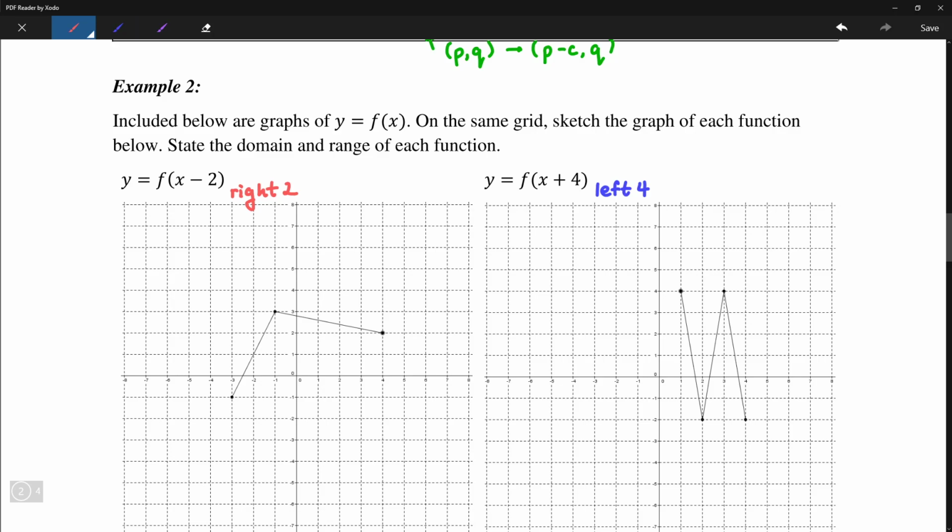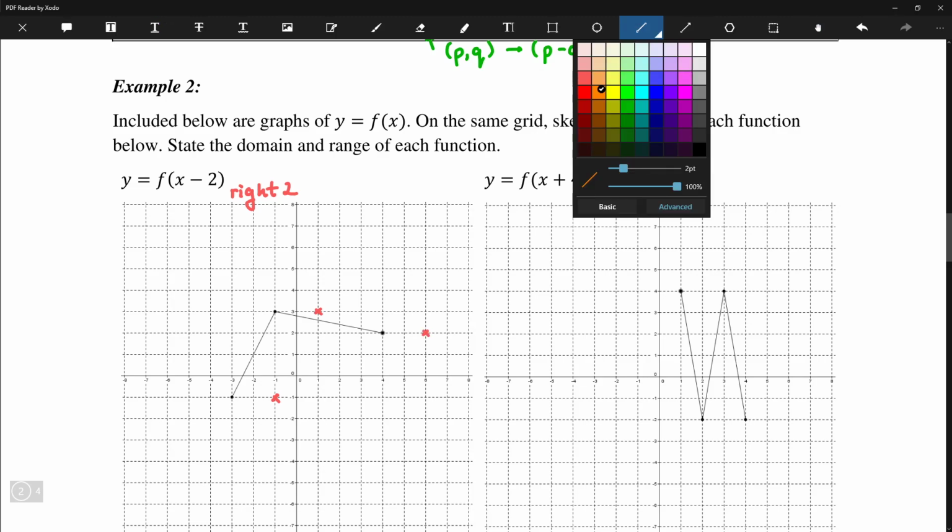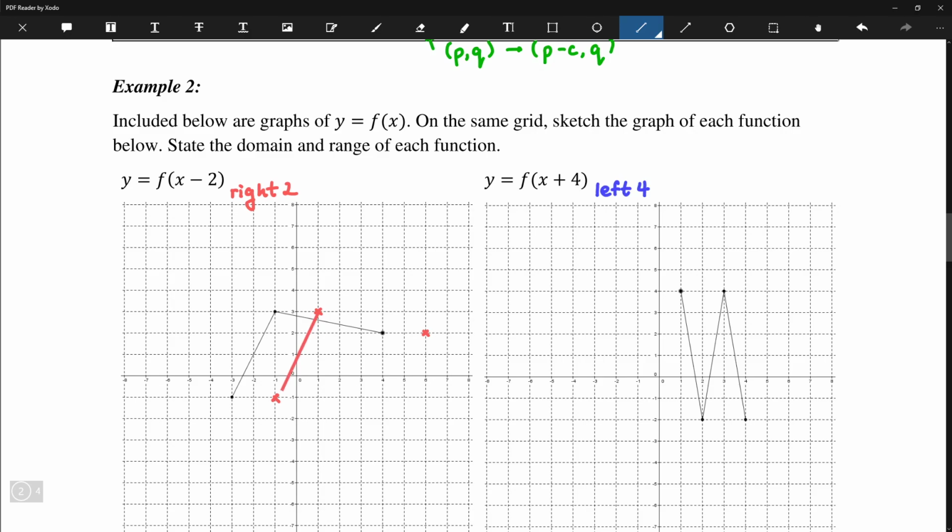So simply move the points to the right 2 spaces, then connect them together. So we'll get a congruent graph, just moved to the right 2 spaces. And on the second example, left 4. So 1, 2, 3, 4. Right, so the second graph will look like this.